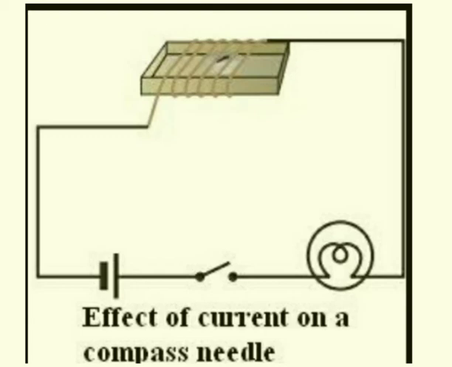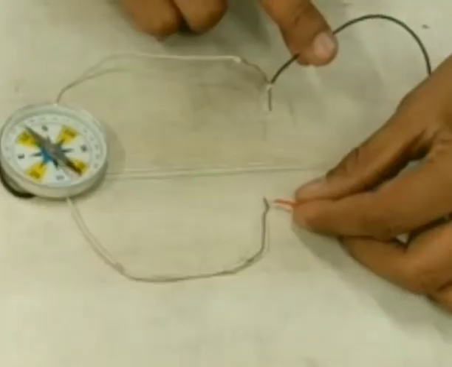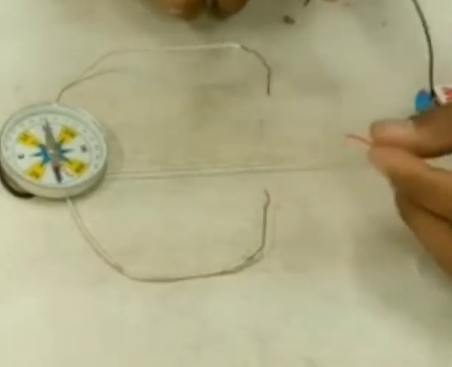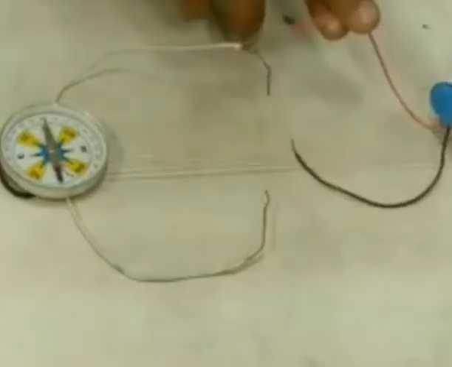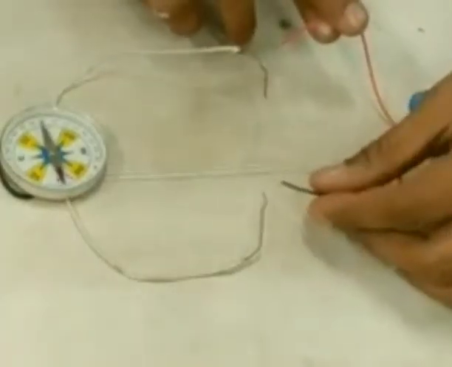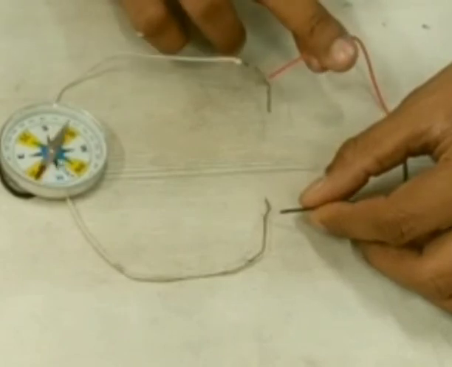Now connect the free ends of this wire to an electric cell through a switch. Does the compass needle show deflection? Yes. Now repeat the experiment a few times. You will see that the compass needle gets deflected when current flows through it.